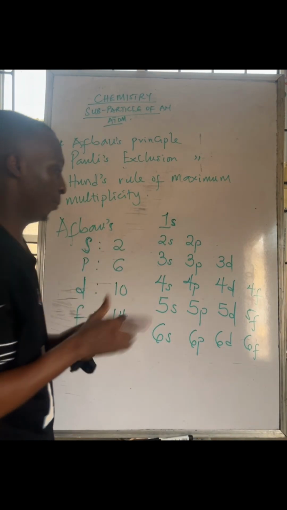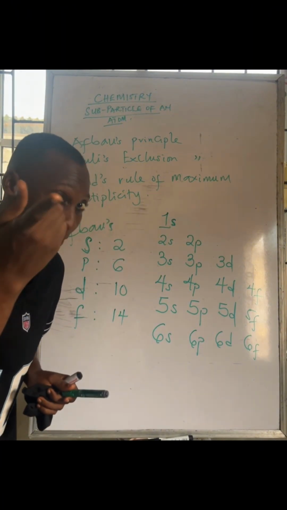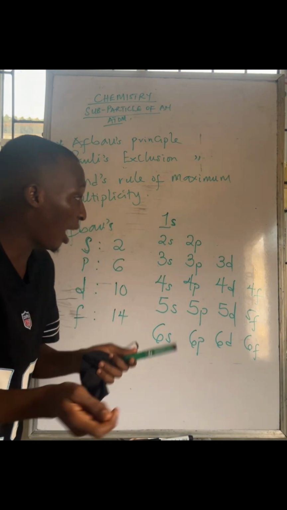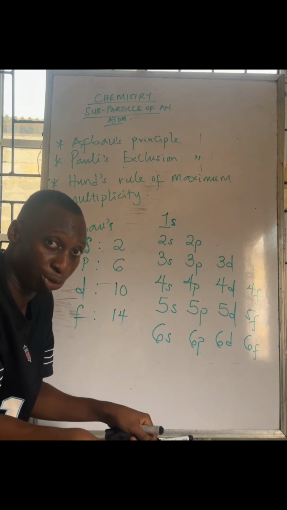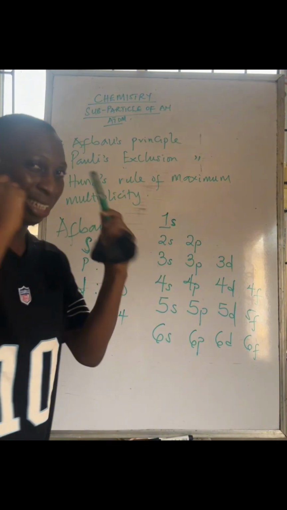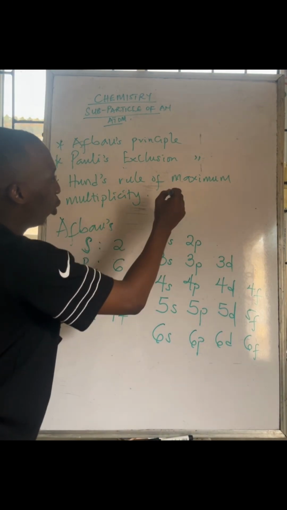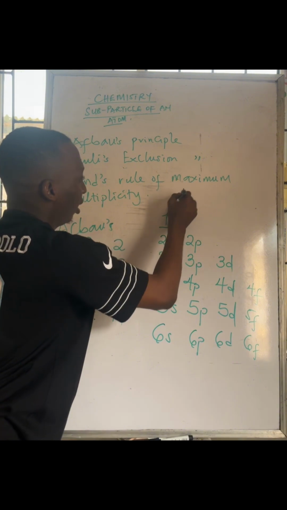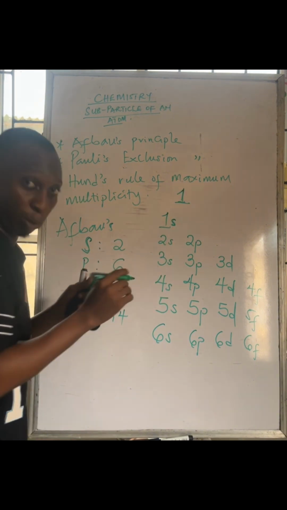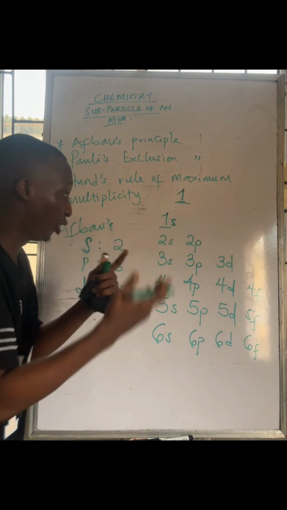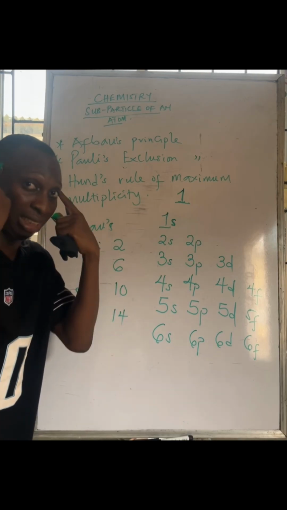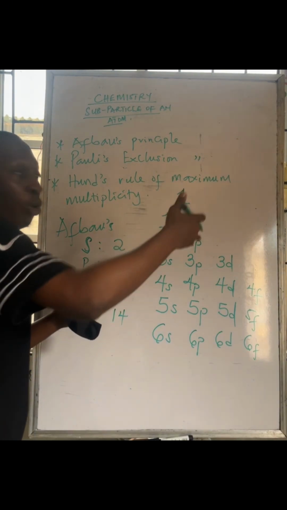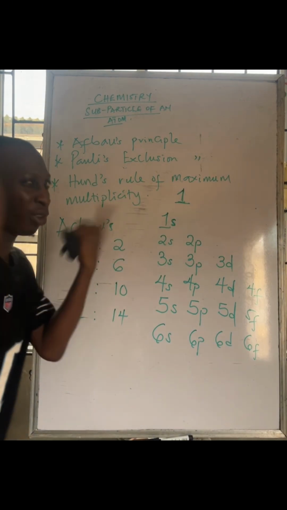Simple. Listen. The idea is electrons occupy orbitals with lower levels before going to the higher ones. Before I show you this one, let me quickly show you a quicker way of knowing how to arrange electrons. Don't forget the rules now.